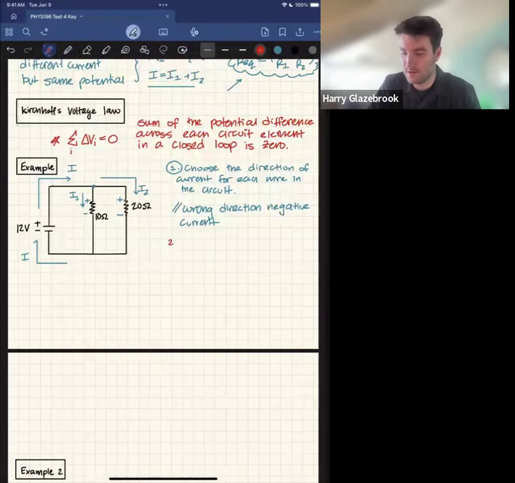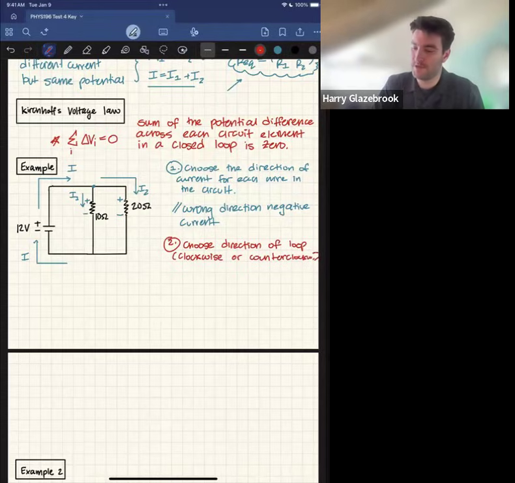So next step is we're going to choose the direction of our loop. This loop can be clockwise or counterclockwise. Here's another thing that slips through the cracks often with students. If there are multiple loops in the circuit, which in this case we have two closed loops, whatever direction I choose to go in, clockwise or counterclockwise, I have to stick with that.